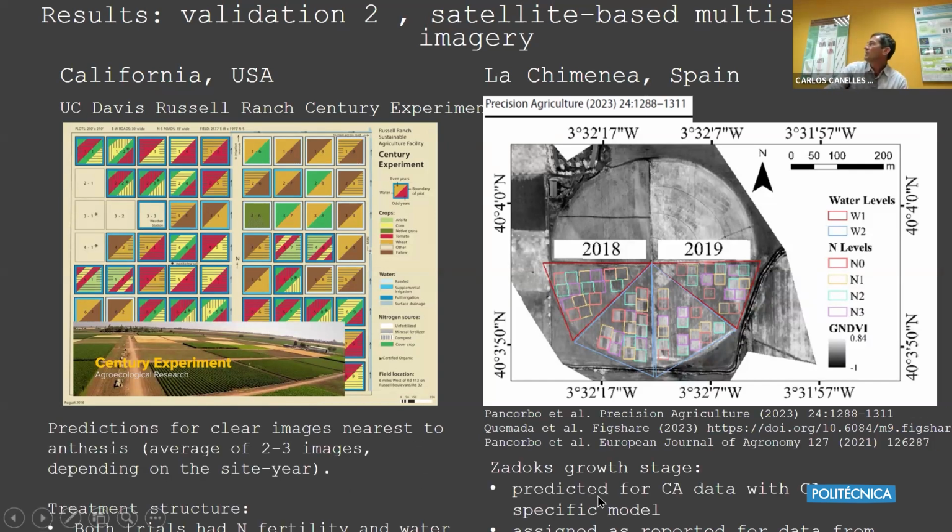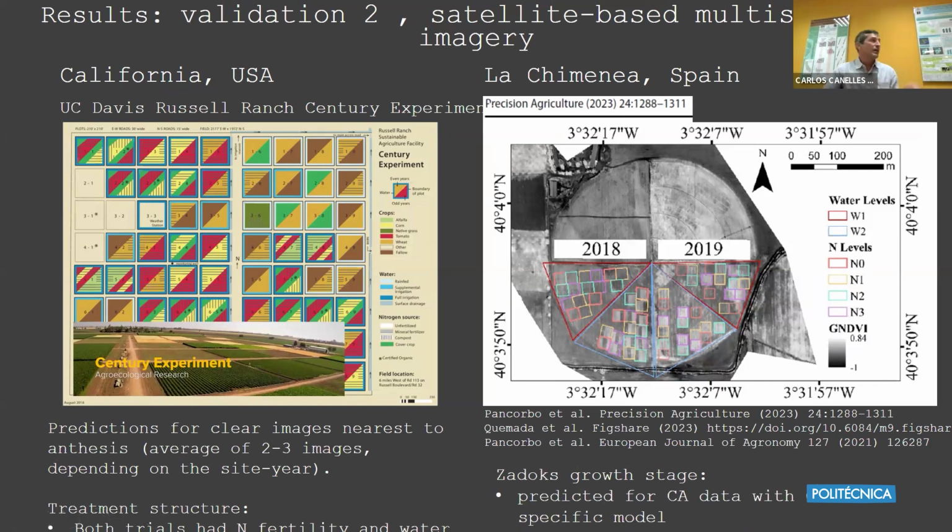So the one thing that I want to note here that's not showing up, I'll try to pull it up. I have a great model for growth stage in California and weather sources, and we've calibrated that extensively. I don't have a good model for that here. I know that the weather source can really matter because if you're going to accumulate temperature over a long period of time, your thresholds become very sensitive to the source of weather data.